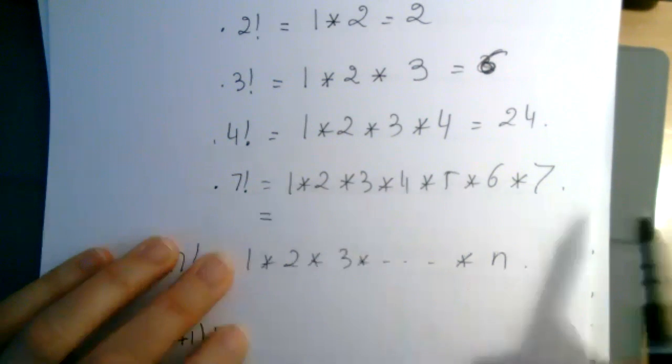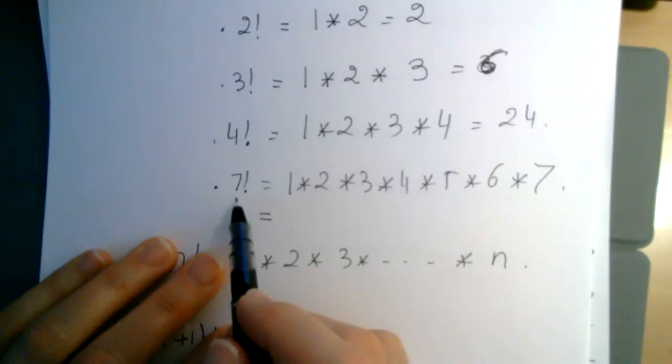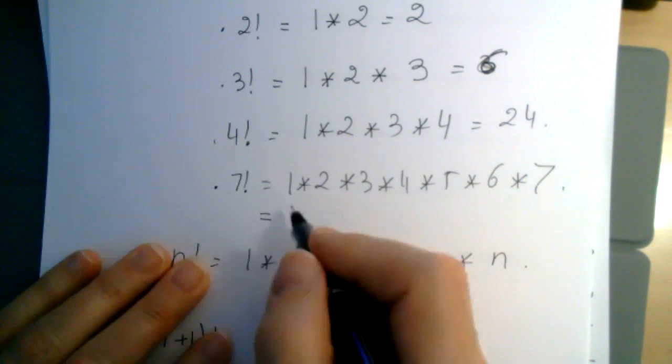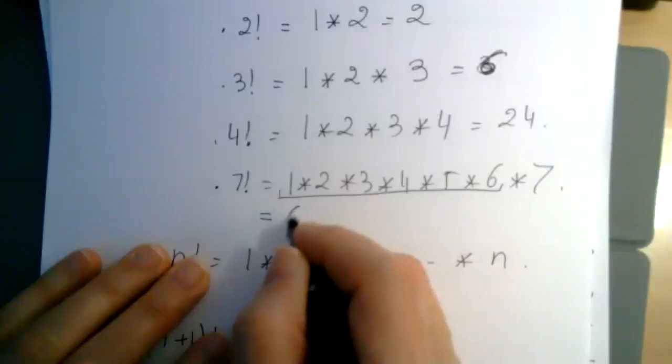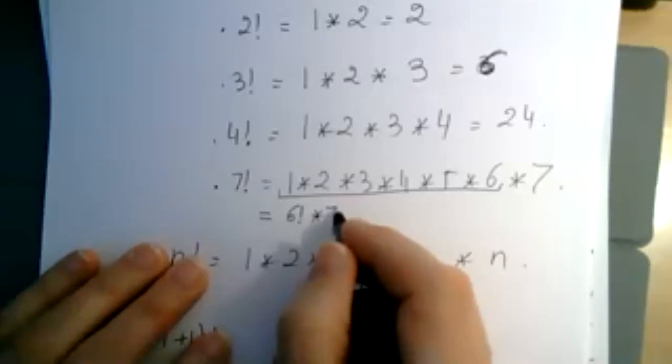I drew the picture so you guys can see. Anybody can see what relation you can build between 7 factorial and 6 factorial, the terms before? So I'm seeing one answer. Do you agree? Absolutely. This is 6 factorial times 7.